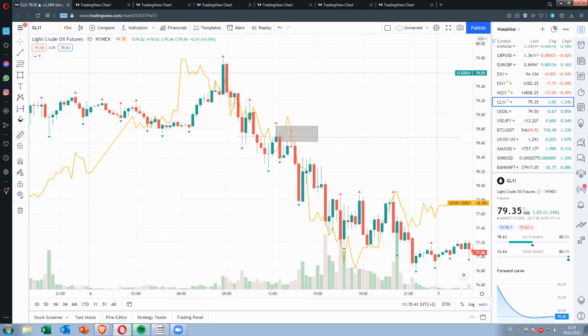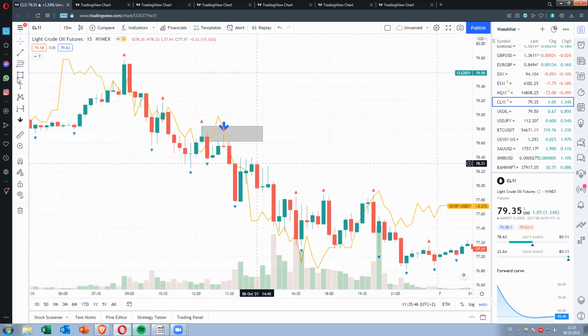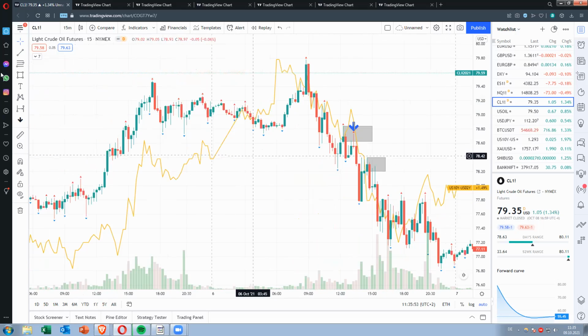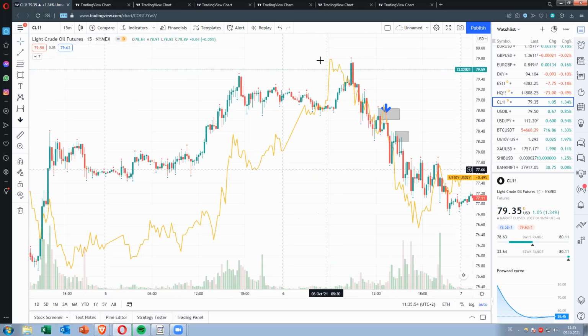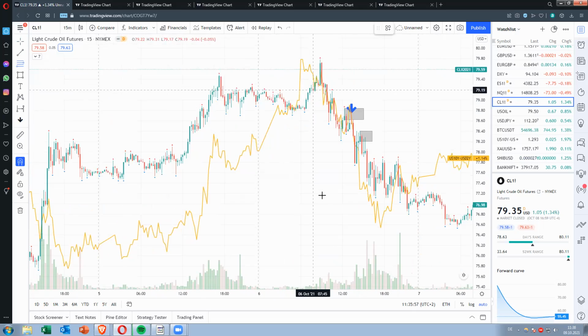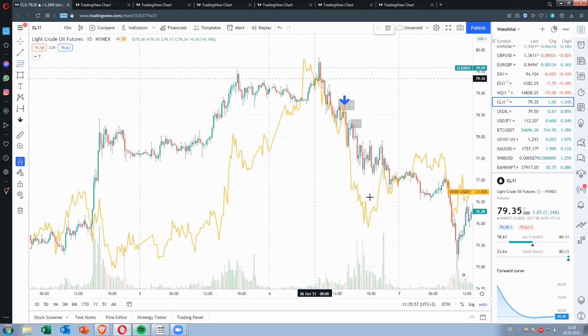You see, you have, let's say, one entry. Price multiplies the balance area for the target. This is also true because if we take out the swing high and the swing low, you can see where the profit takers are.